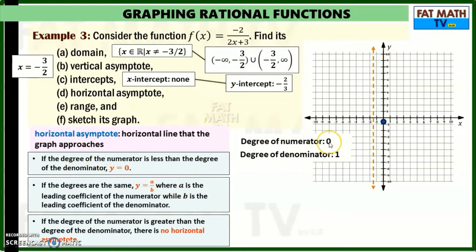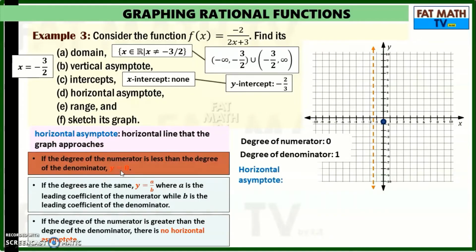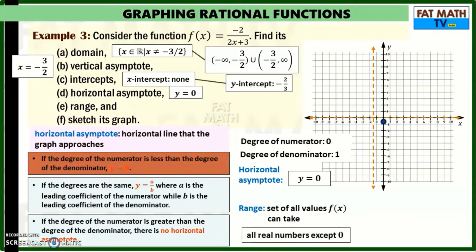So when the degree of the numerator is less, because 0 is less than 1, then you will have y equals 0 as the horizontal asymptote. So that is a horizontal line that passes through y equals 0, or simply the x-axis. So for the range, it's all real numbers except 0, except the one here in the horizontal asymptote.